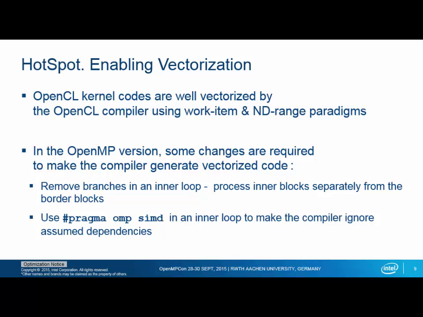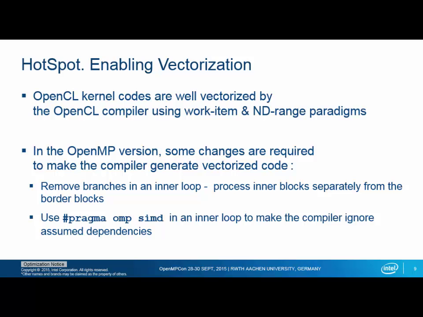So once we improved the data locality, we started working with vectorization. And we found that, again, the approach with the work item and NDRange is more vectorization friendly, and a kernel written in these terms is vectorized by the OpenCL compiler mostly by default.